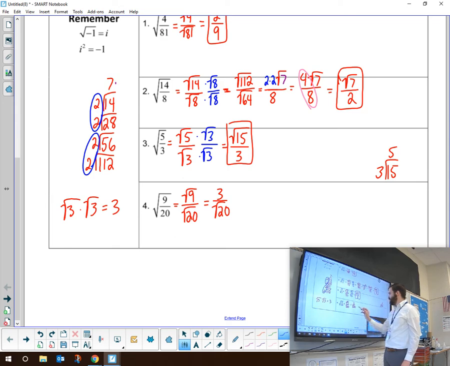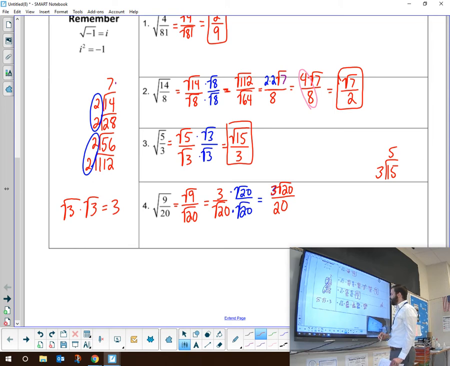So we're going to multiply this one by the square root of 20, multiply this one by the square root of 20, and that's going to give me 3 times square root of 20, which is just 3 square roots of 20, over square root of 20 times square root of 20, which is 20. Okay? All right, so there we go.